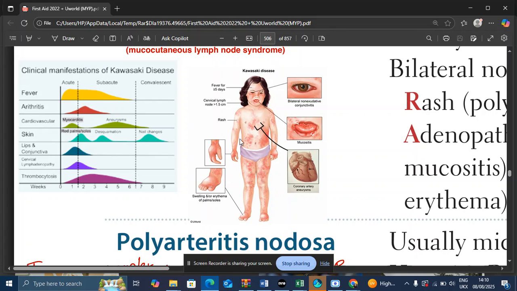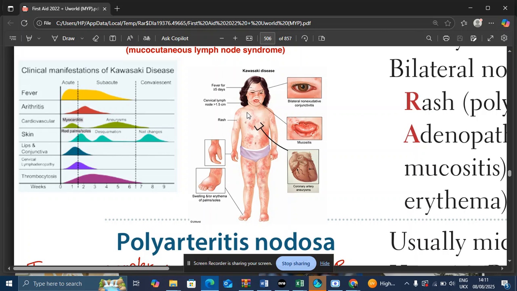R stands for rash, an erythematous desquamating rash, usually first seen on the extremities that then moves centripetally to involve the trunk. A stands for adenopathy, usually cervical lymph nodes, with size more than 1.5 centimeters.